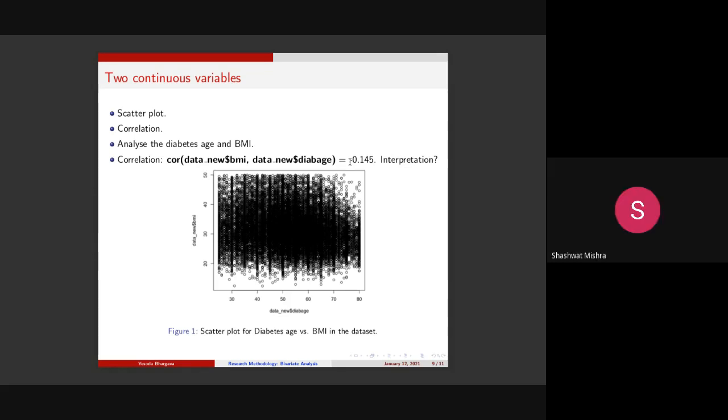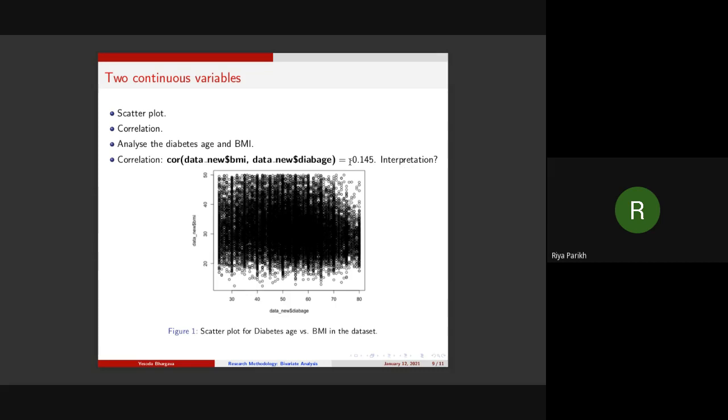That will be negative correlation. It is negative, but what does this mean? Ma'am, for diabetes, as the age increases, the BMI is going to affect more for diabetes also.